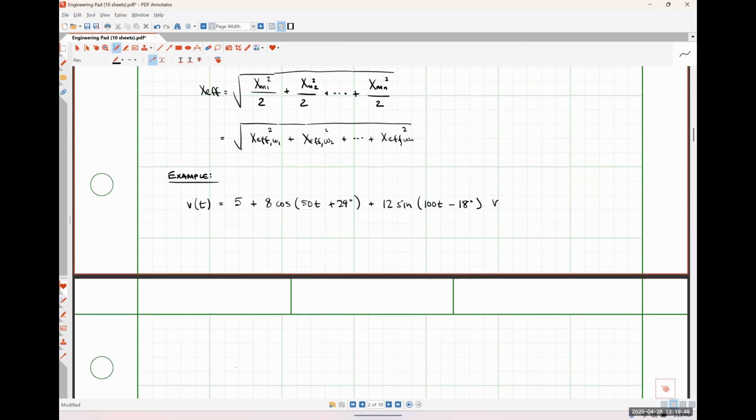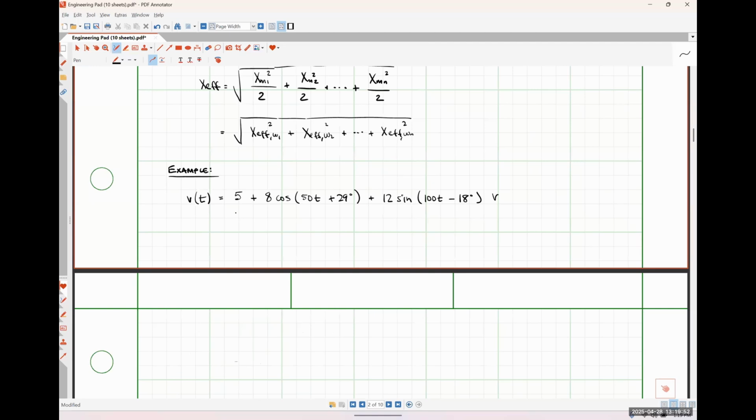So my question to you all is, what is the effective value of 5? It is indeed 5. So the effective value of a DC signal is just the DC signal. What is the effective value of 8 cosine 50t plus 29 degrees?